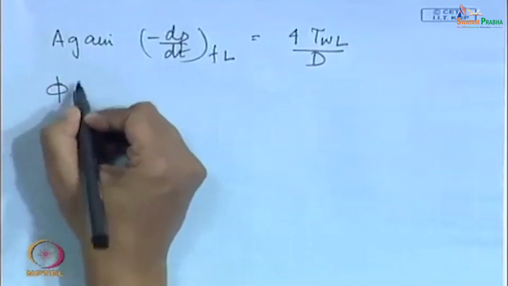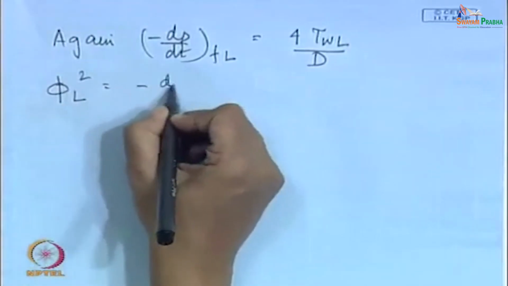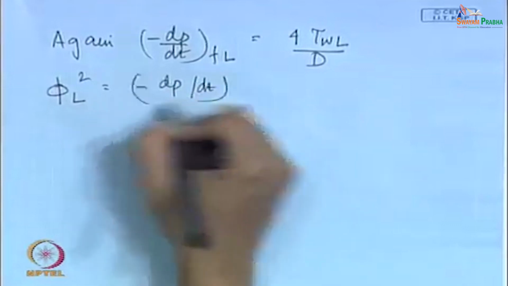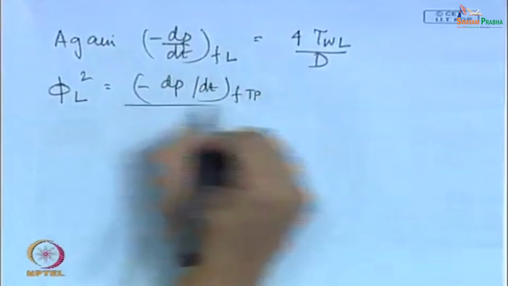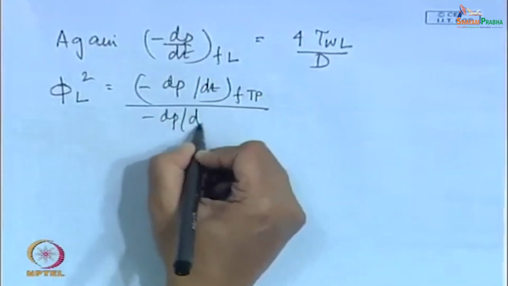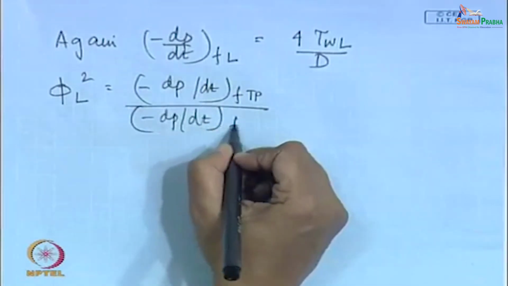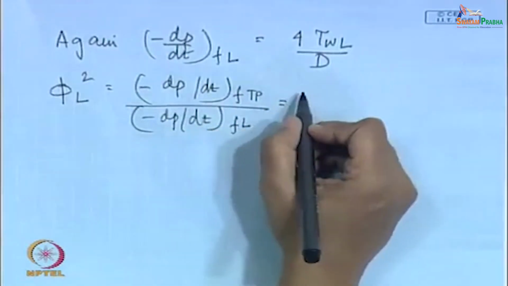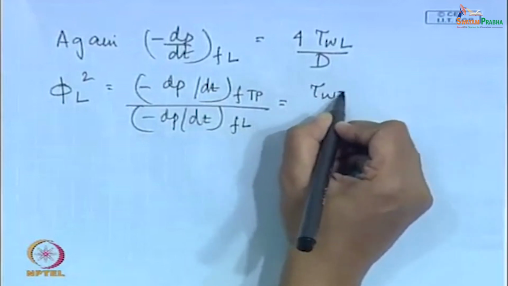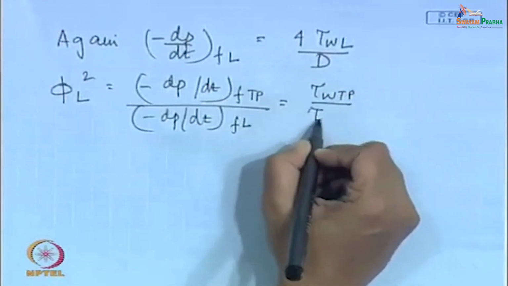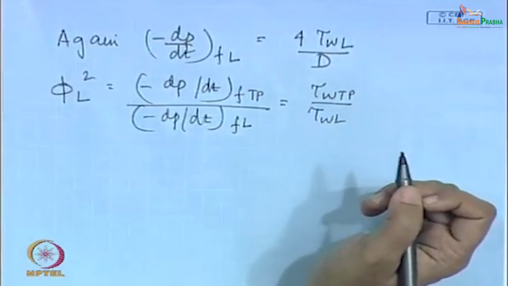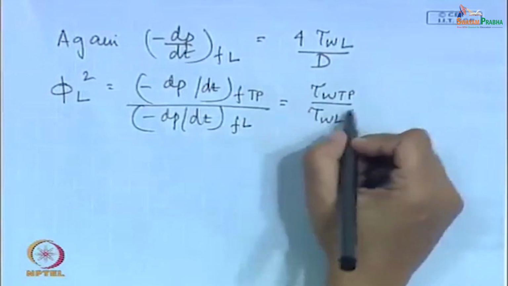We get phi L square. This is minus dP/dz frictional two phase by minus dP/dz F L. So, this is nothing but equal to tau W TP by tau W L. Yes or no? Agreed? And now, what is this equal to?